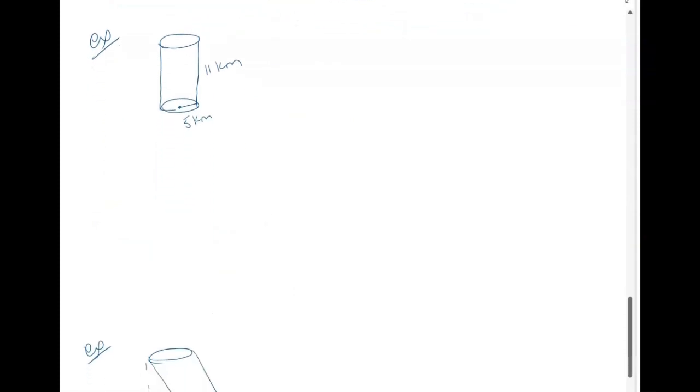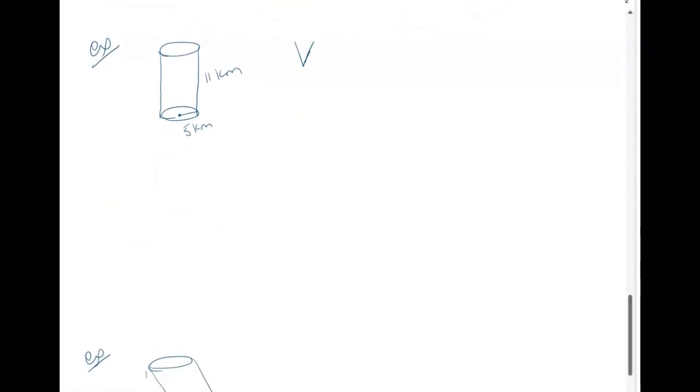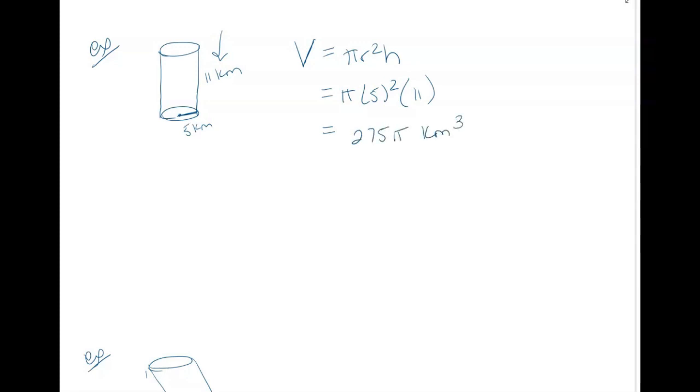All right, so if we jump in here and we use the volume is equal to pi r squared h, then I can identify my radius. Down here is 5. We got to square that. And then multiply times my height, which is 11. And you're going to get 275 pi kilometers cubed.